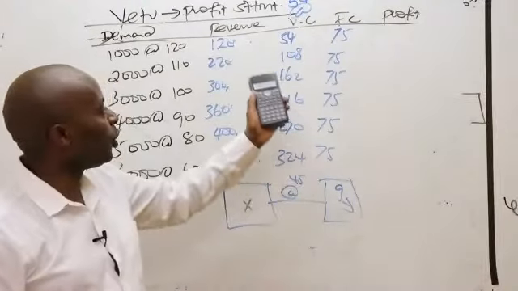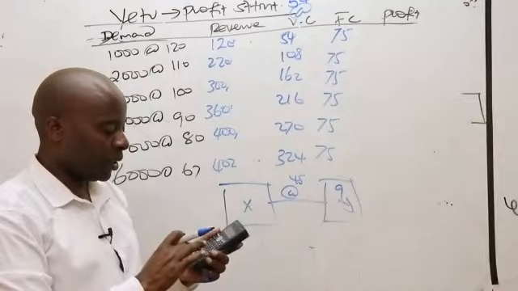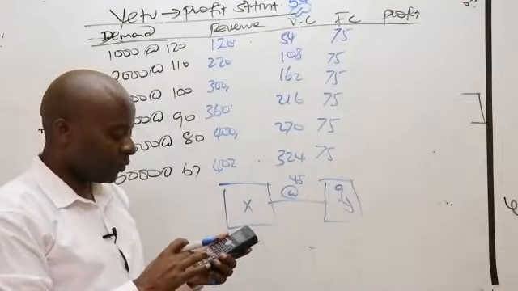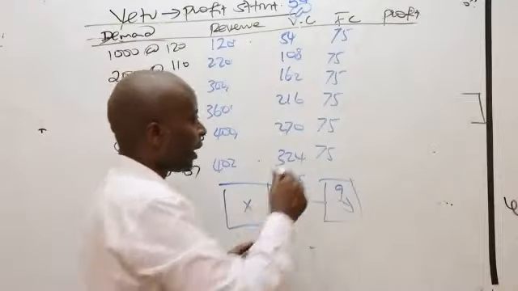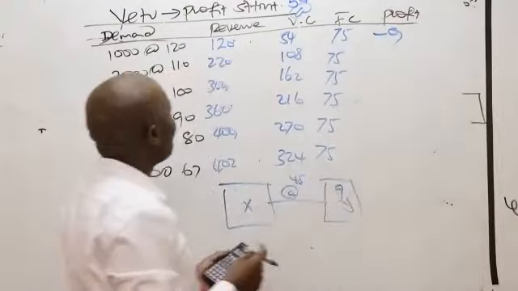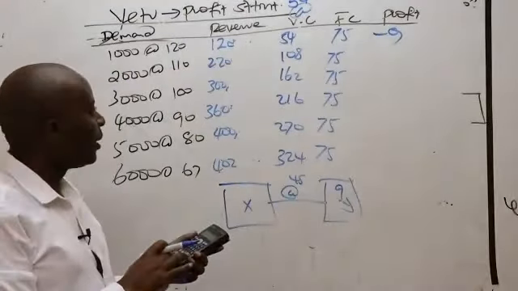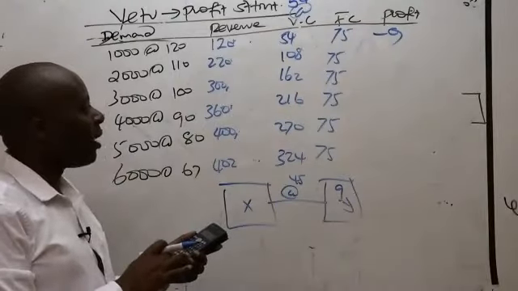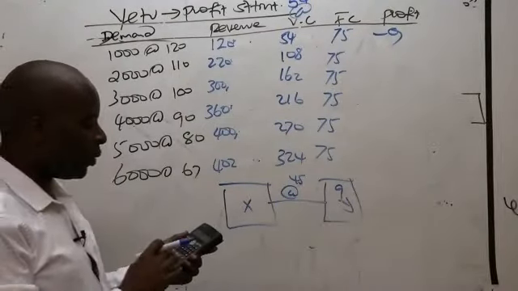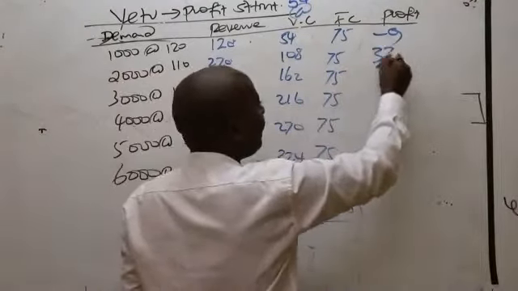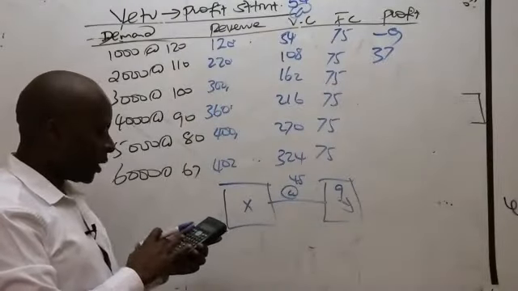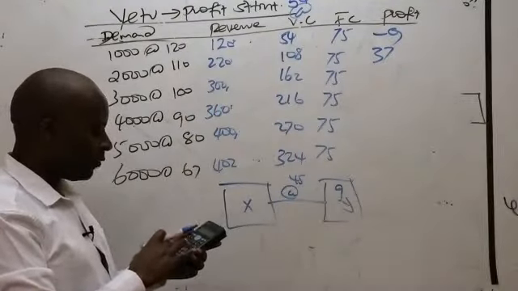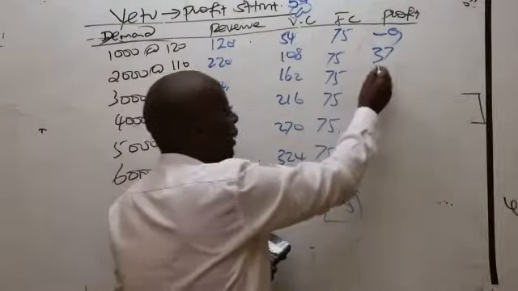So profit, what are we doing? We are taking the revenue, like 120 here, minus 54, minus 75, which gives us -9. We go to the second one, 220, minus 108, minus 75, which gives me 37. So we have 300, minus 162, minus 75, which at the end of the day gives me 63.